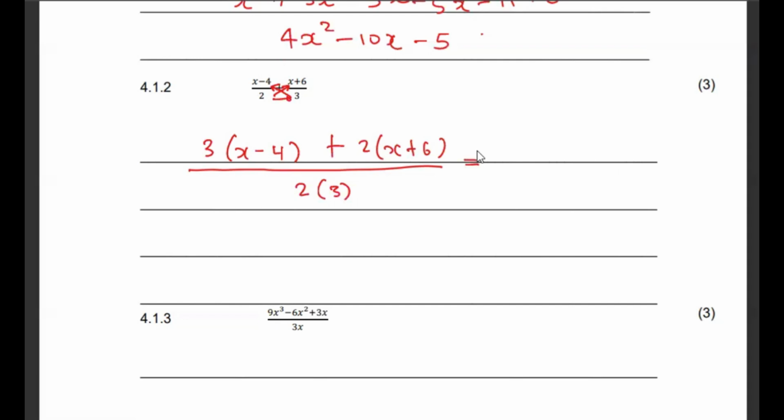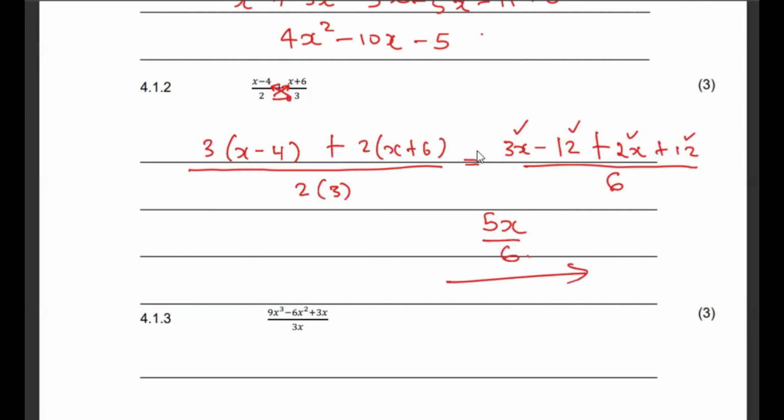That's going to be 3x minus 12, plus 2x, and then 2 times 6 is 12. This is divided by 6. Because those are like terms, we're going to get 5x. Minus 12 and plus 12 is 0, over 6.